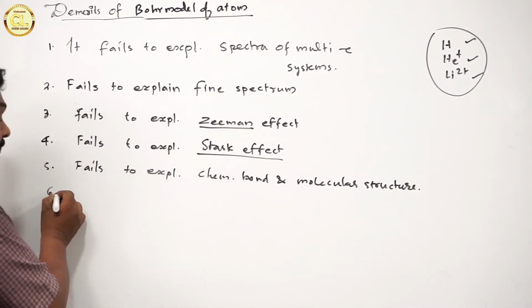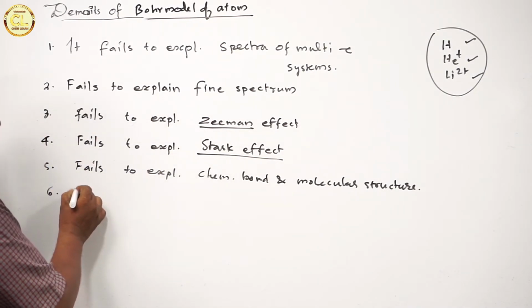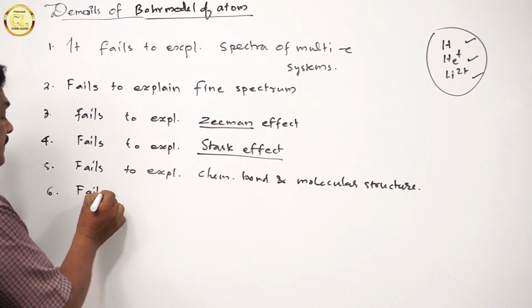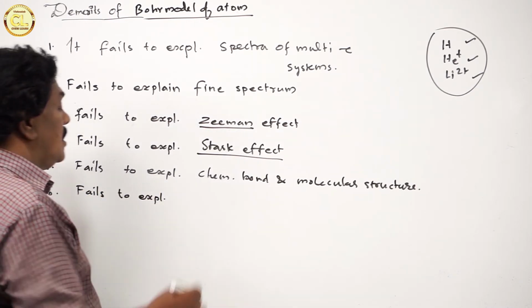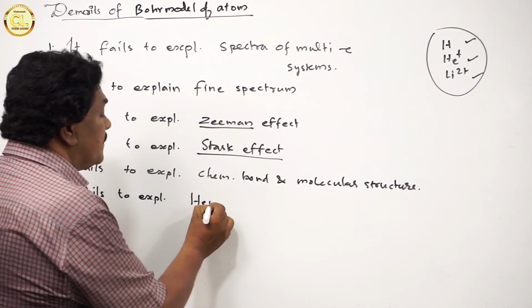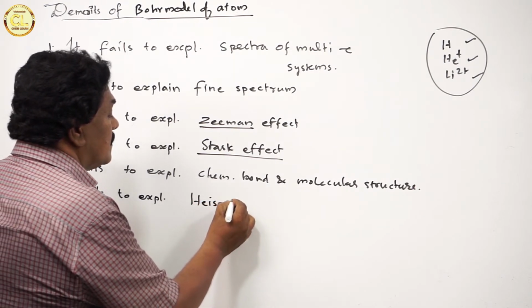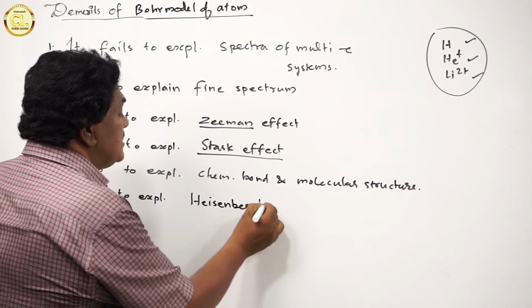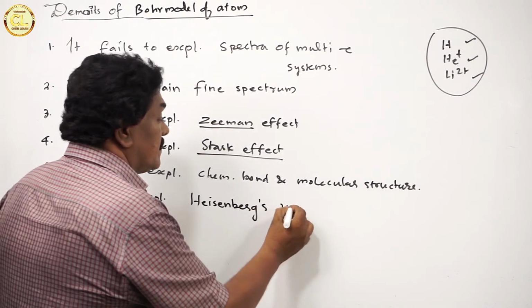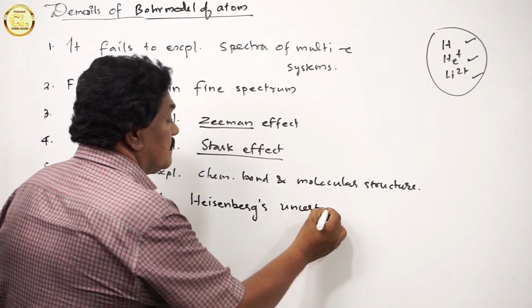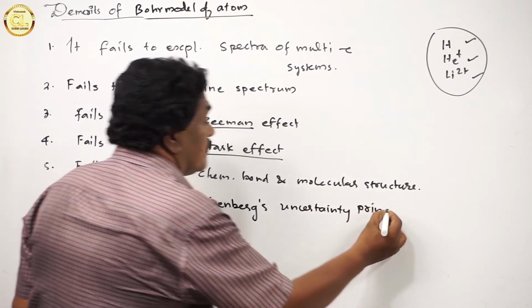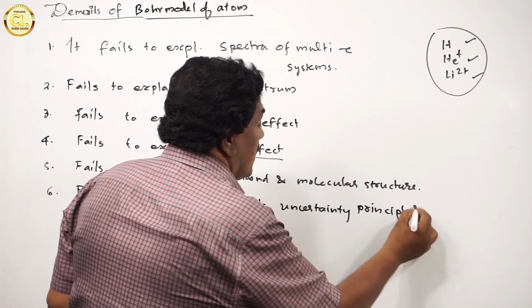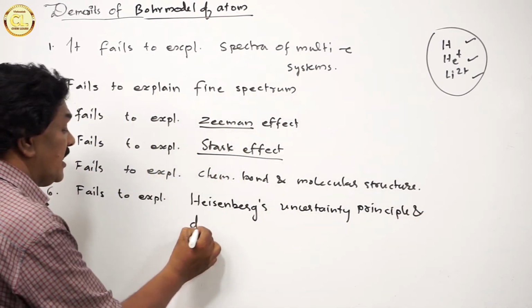Sixth point, it fails to explain Heisenberg uncertainty principle and de Broglie wave equation.